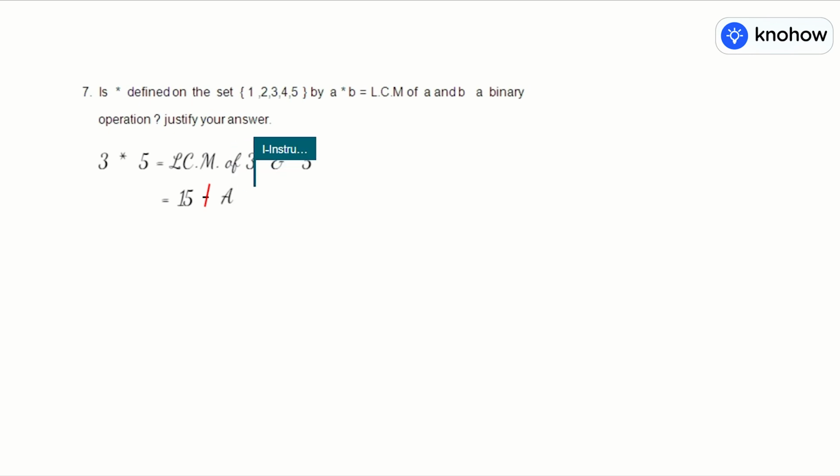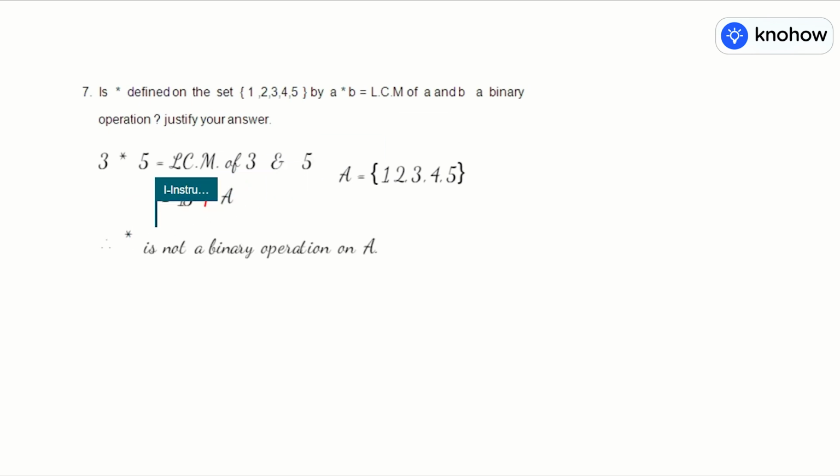Let me call this given set {1, 2, 3, 4, 5} as set A. So the star is not a binary operation on A, because when we apply it on any two elements, say 3 and 5 belong to A, but 3 star 5 does not belong to A. So it further clarifies the definition of binary operation.